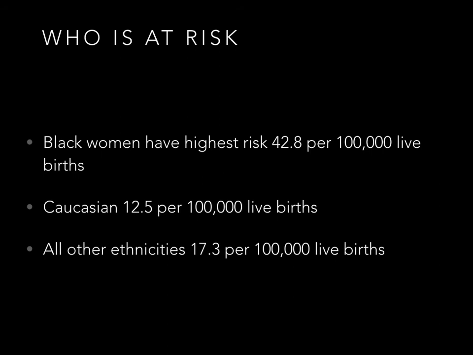Those at highest risk are Black women, 42.8 per 100,000 live births. And we compare that to the Caucasian population, which is 12.5 per 100,000. And then when we add all other ethnicities to this, it's 17 per 100,000 live births.